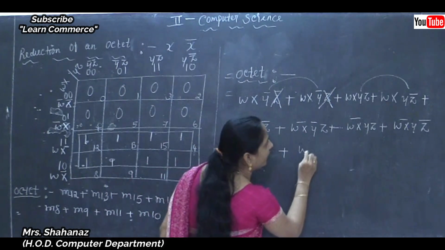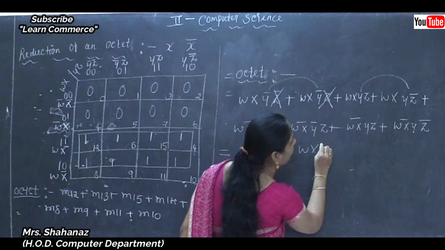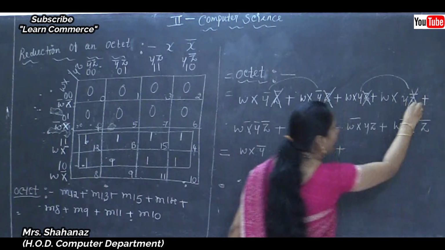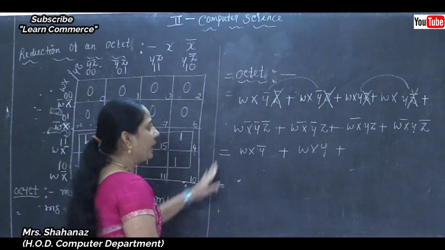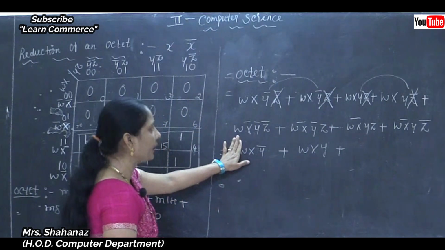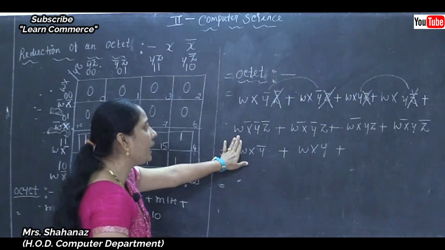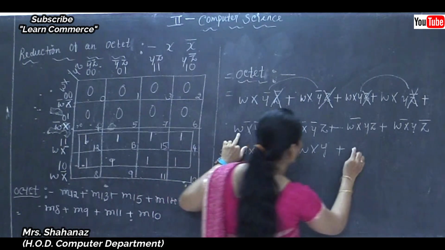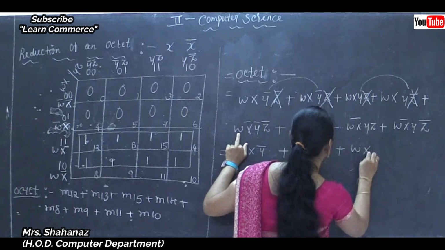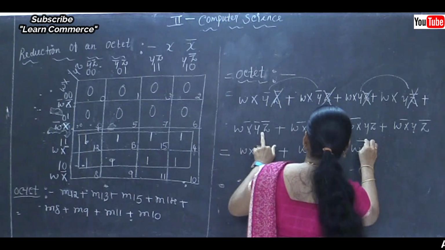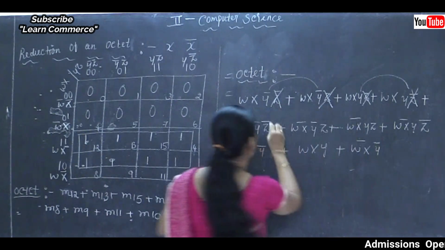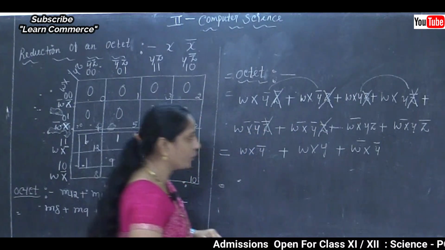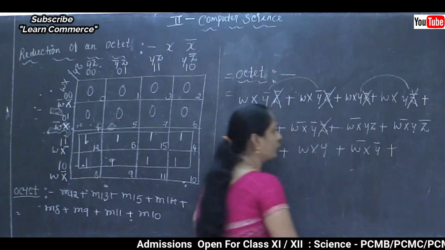When you make the comparison, WXY, and here also the Z variable is going to be removed. Next I am going to take the values 8 and 9. So the W as it is, complement X is the same here, and complement Y also. Which variable is removed? The Z variable only is removed here.